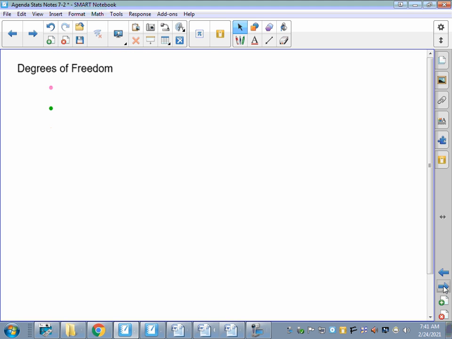So degrees of freedom. I've mentioned this now a couple times. It's the number of values that are free to vary after your sample statistic has been computed. Because it's a sample and because it's a small sample, we could have some variation. So degrees of freedom, df, is equal to n minus 1. So sample size minus 1.